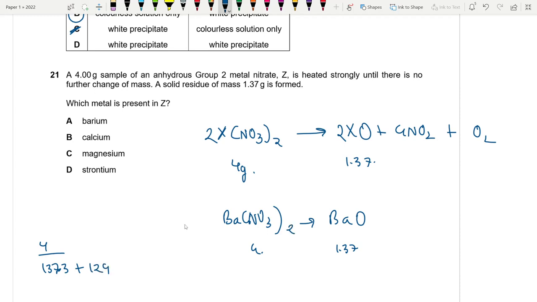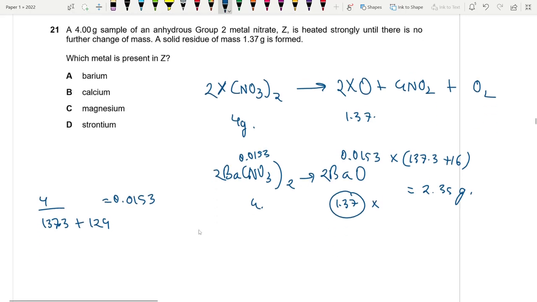So 124 plus 137.3. 4 divided by the answer gives us 0.0153 moles. This should also be 0.0153 moles of oxide, multiplied by the Mr, which is 137.3 plus 16, gives us 2.35 grams, which does not match with this.